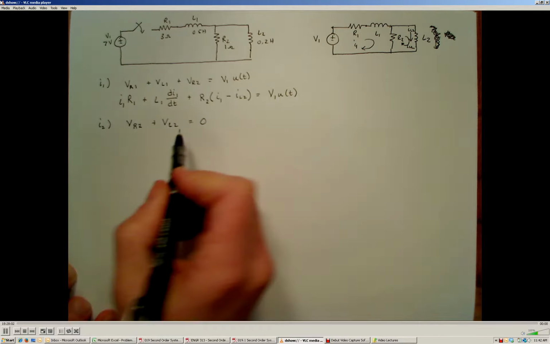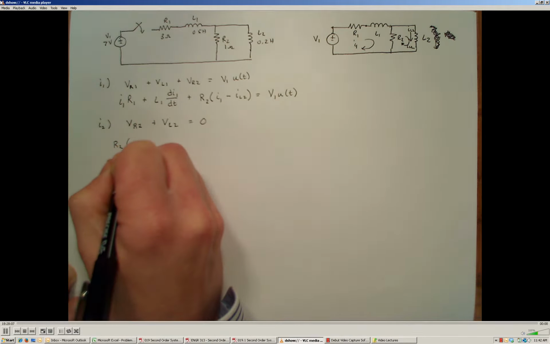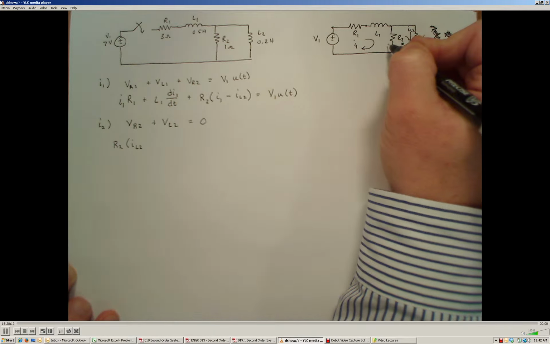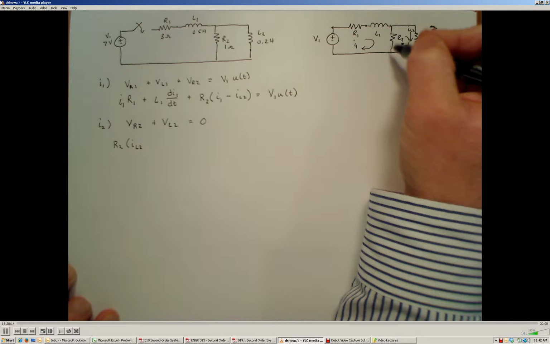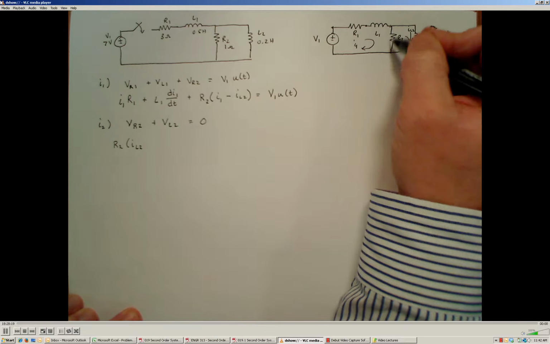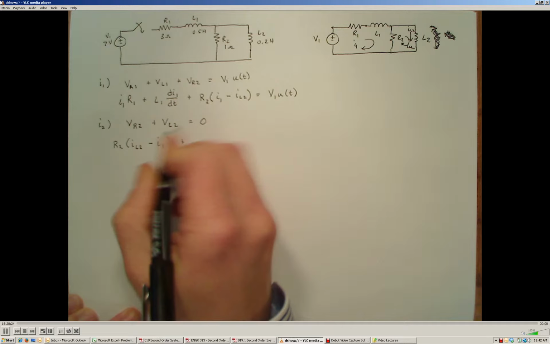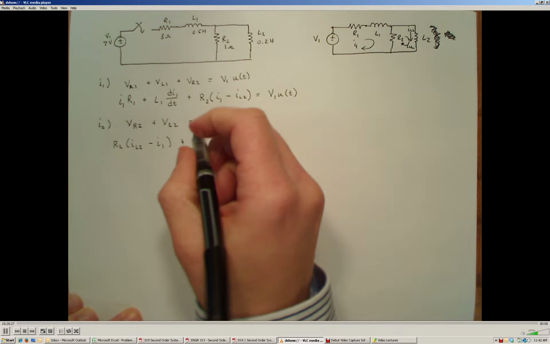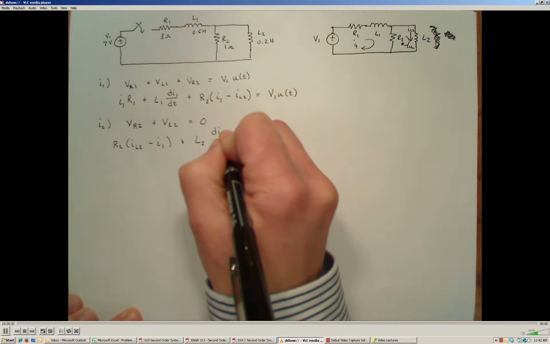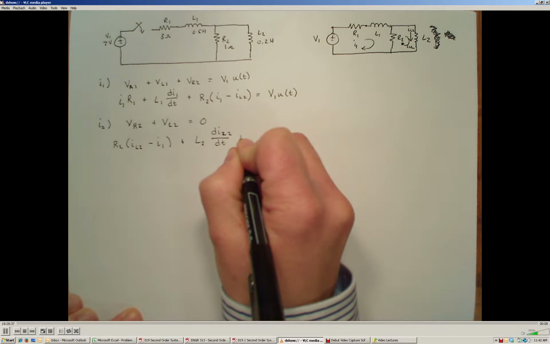The potential developed across resistor R2 is going to be R2 times IL2, the current in this mesh, minus the mesh current I1 because they're going in opposite directions to each other. IL2 is going up and I1 is going down. Plus the current to voltage relationship for the inductor, which is L2 times the derivative of IL2 with respect to time, and that has to sum to 0.